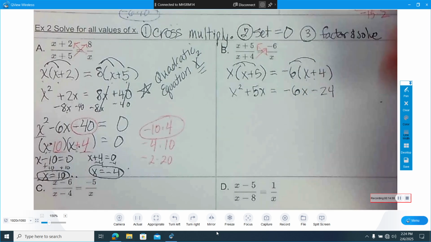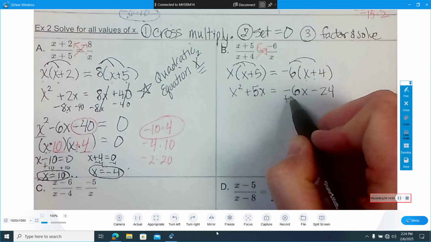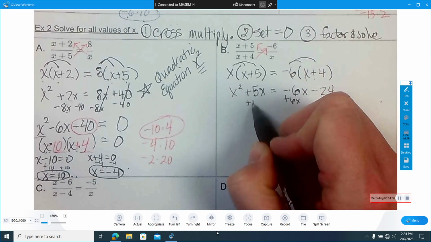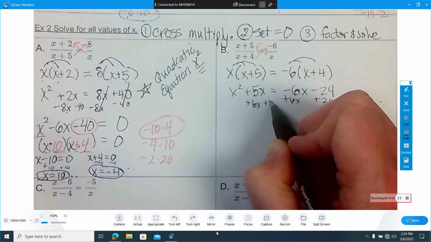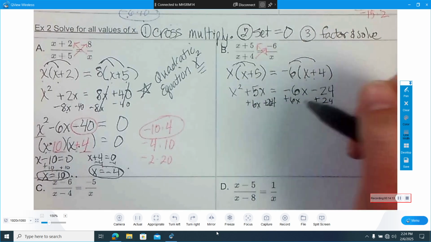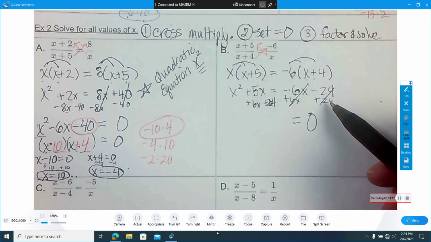All right, what do we need to do next? We want to set it equal to 0. We're going to move these terms over to the left-hand side. So I'm going to add the 6x, and I'm going to add 24 to move it to the left-hand side. That way, everything on the right is just a big fat 0.